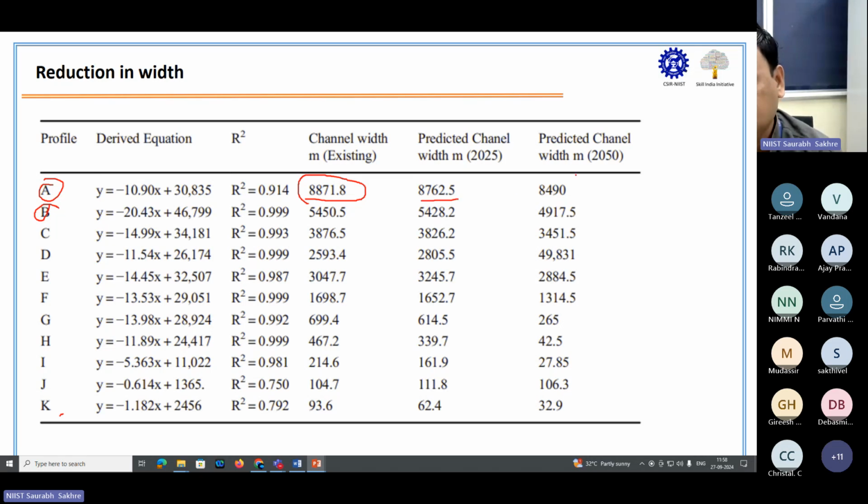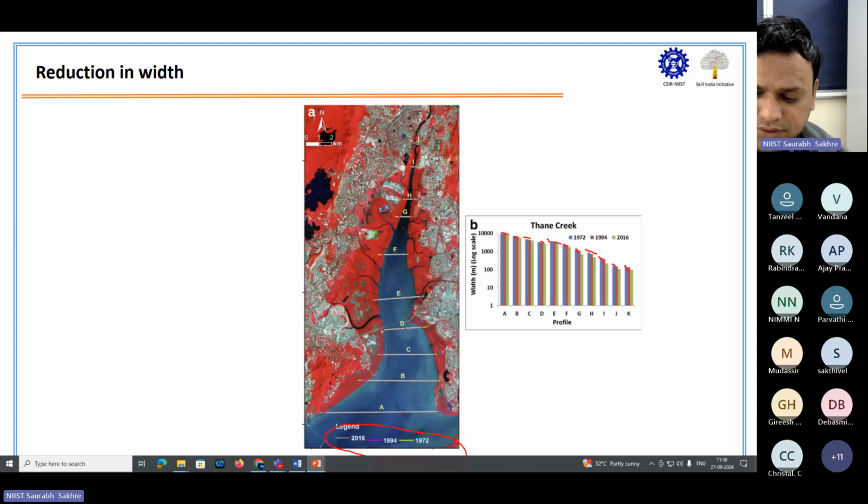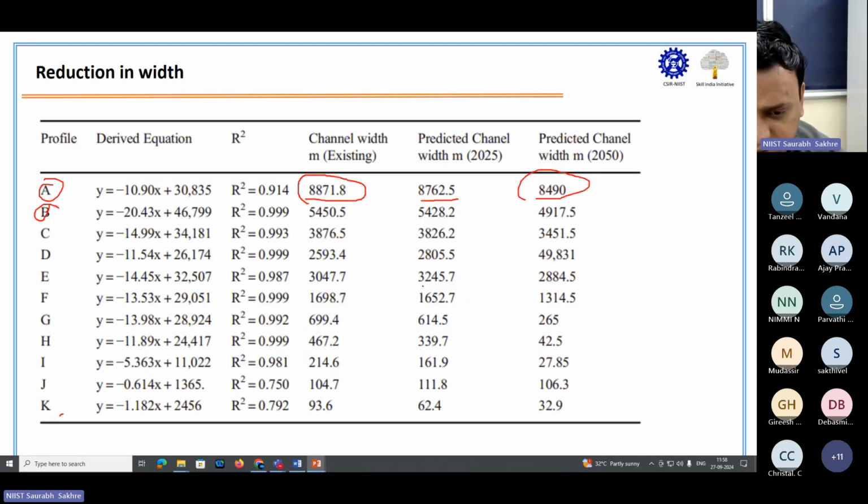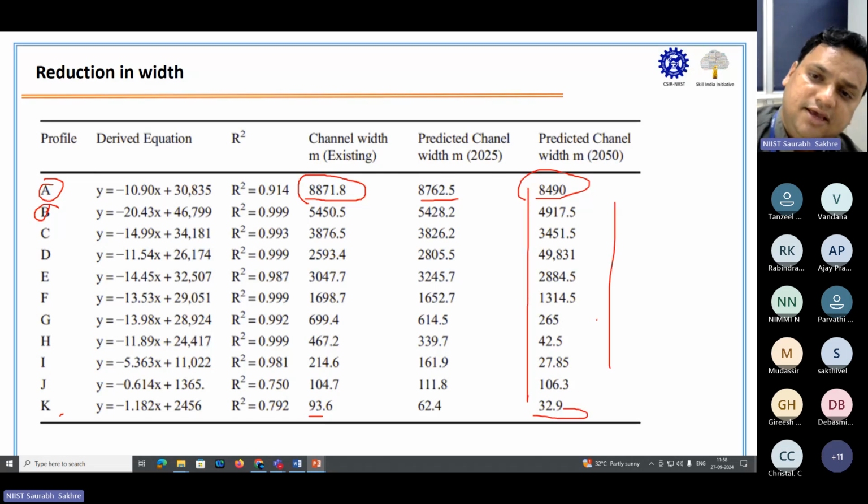And in 2050, it will be reduced by almost 400 meters, which is a big number. And similarly, at the mouth, that is point number K, see, it is 93 meters now, and it will reduce to 30 meters. So you can see the width will be reduced like anything if the same sewage discharge continues.